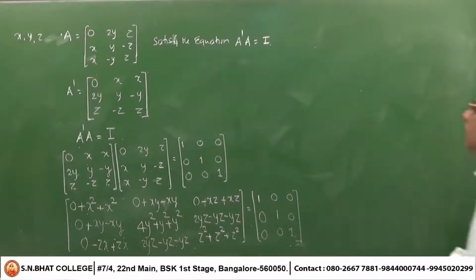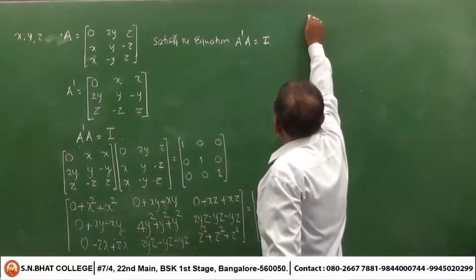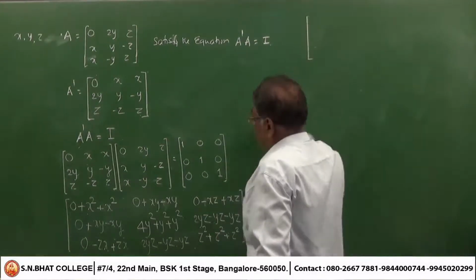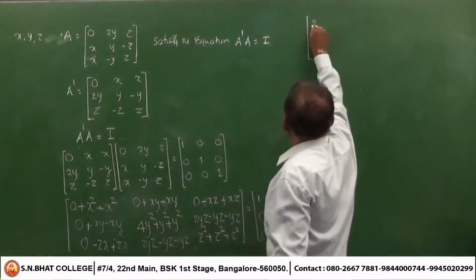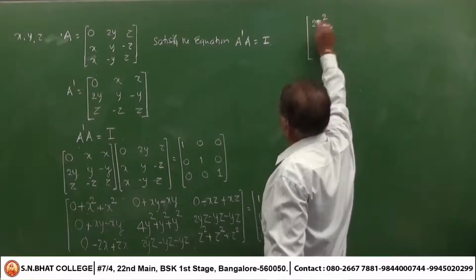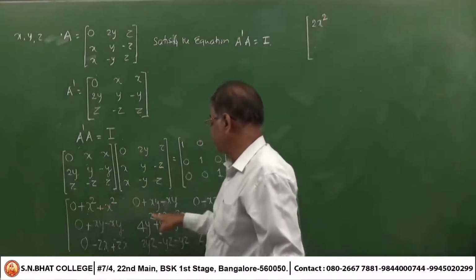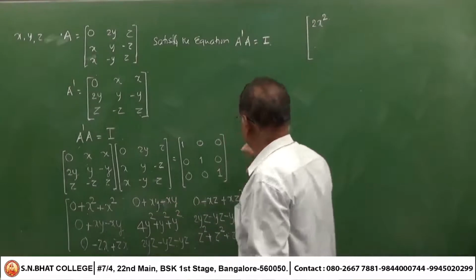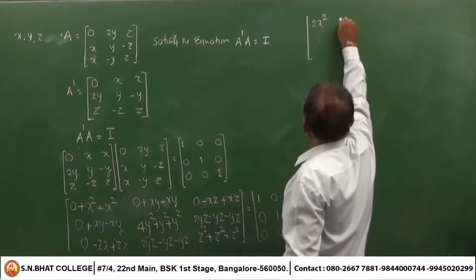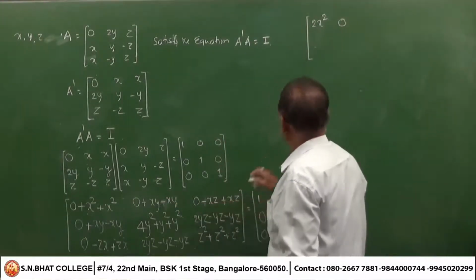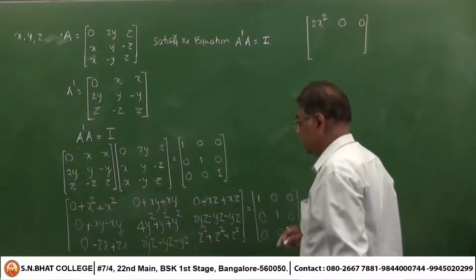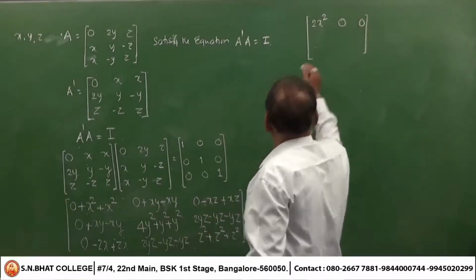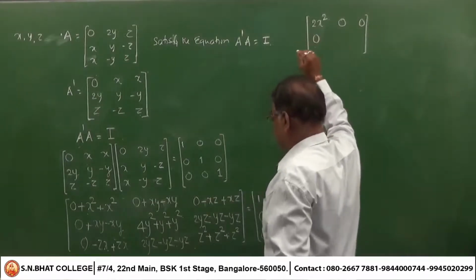Simplify the matrix, which is equal to x square plus x square is 2x square. Plus xy minus xy will cancel. Minus xz plus xz can cancel. Plus xy minus xy becomes 0.